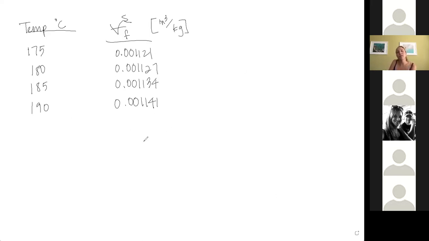And what if you were asked to find temperature when your specific volume of your saturated liquid is equal to 0.001131 cubic meter per kilogram. So try to solve this, where now we're looking for our X term and not our Y term.